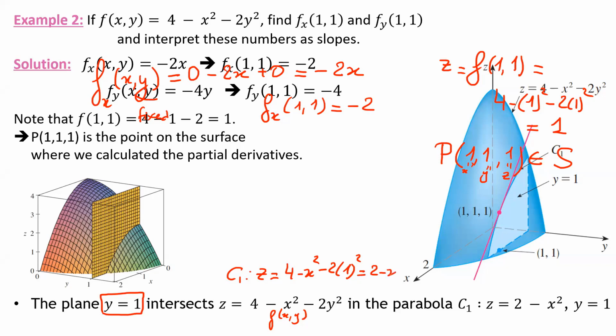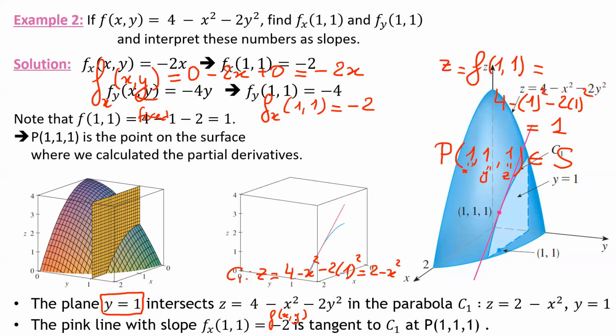So it's 2 minus x squared, and this is the equation of the parabola. And the slope of the line tangent to C1 at this point is negative 2. Okay, so this is the interpretation.